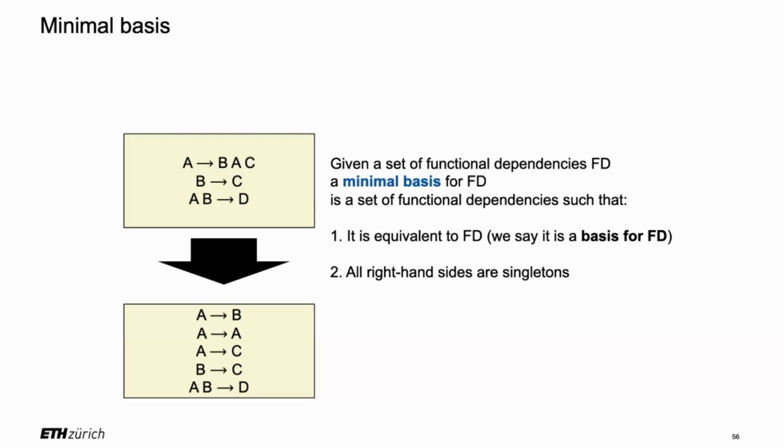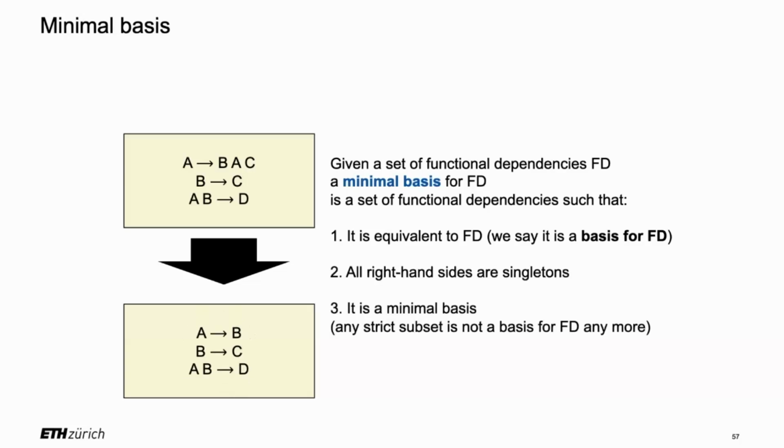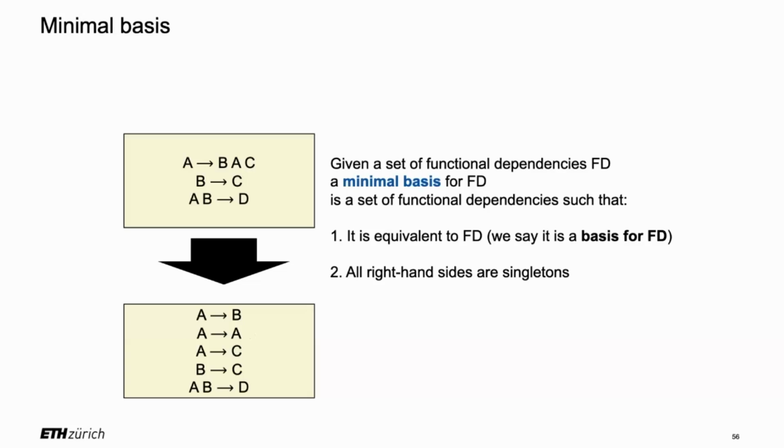You want, and that's a convention, all right-hand sides to be singletons, right? So here, for example, I just split them. I use the splitting rule to split them. I also want it to be a minimal basis. It means if I can remove useless functional dependencies, then I should do it, right? That's also part of cleaning up. Do you see what I can remove in here?